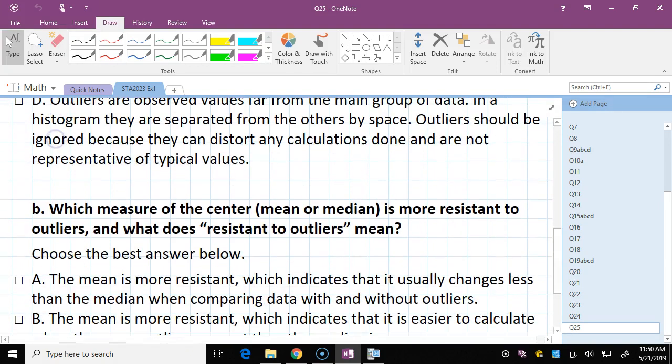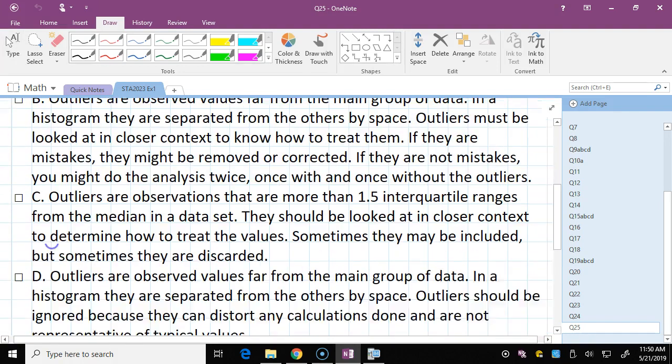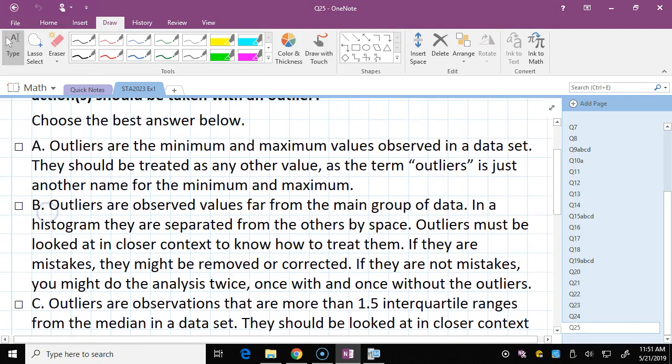We're on part A right now, and then we'll talk about part B. So part A, we got a couple choices, and it says choose the best answer. The outliers are minimum and maximum values observed in a data set. They should be treated as any other value, as the term outlier is just another name for the maximum and minimum.